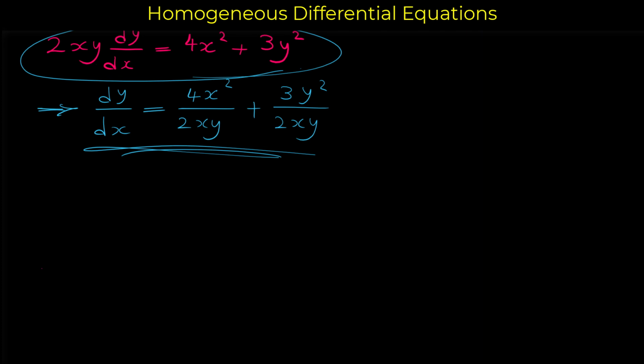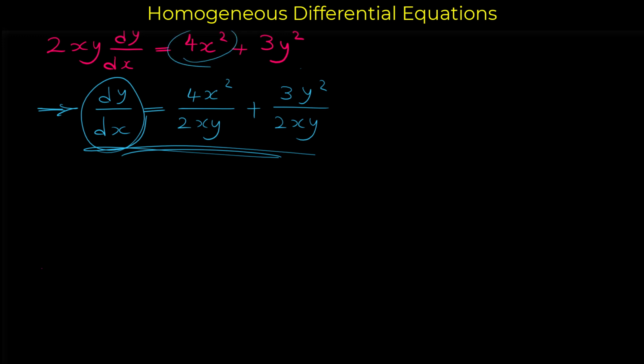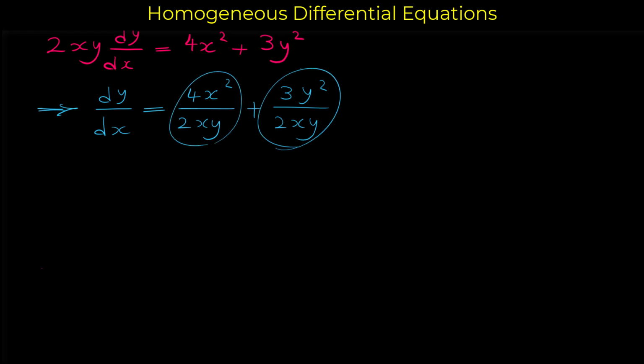The left side, 2xy and 2xy cancel, only dy over dx remains. And we divide every term in the right side by 2xy. Now, if we simplify these fractions, in the first fraction, 4 and 2 cancel each other, a 2 remains on top. X squared in the numerator with 1 x in the denominator cancels.